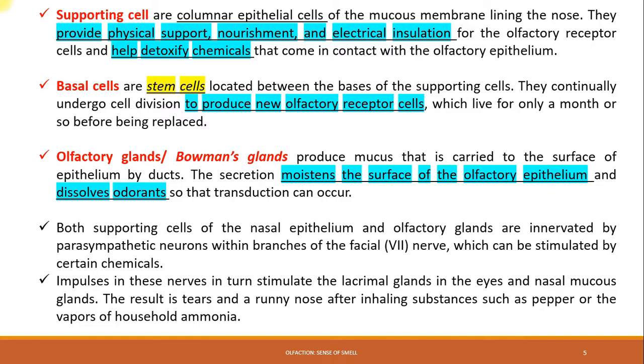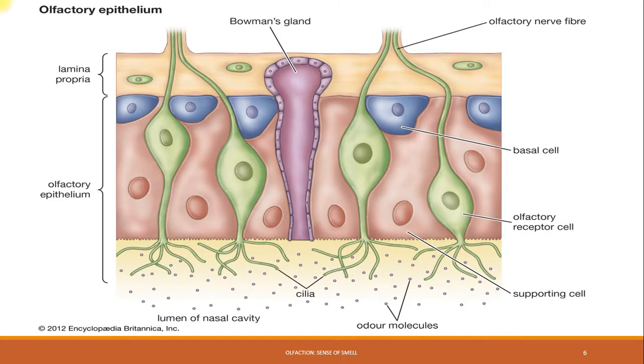we have runny nose. Okay, so this is the structure of the olfactory epithelium. So you can see the cilia over here. This is the olfactory receptor cell. Then we have the basal cell over here. Then we have the Bowman's gland or olfactory gland, which is responsible for production of mucus.